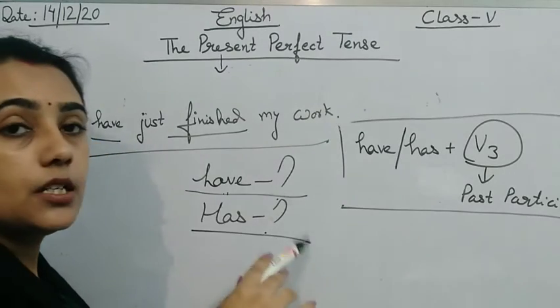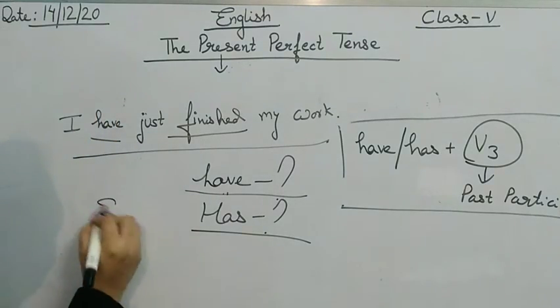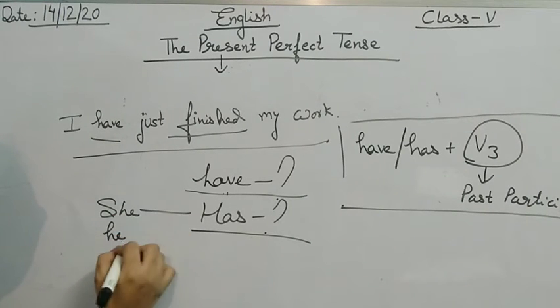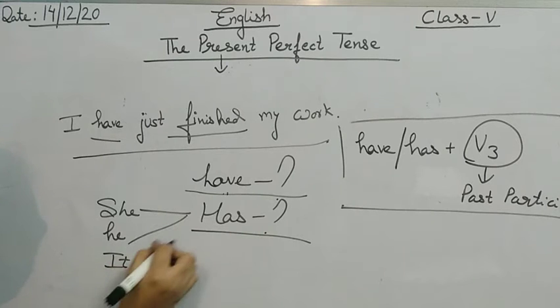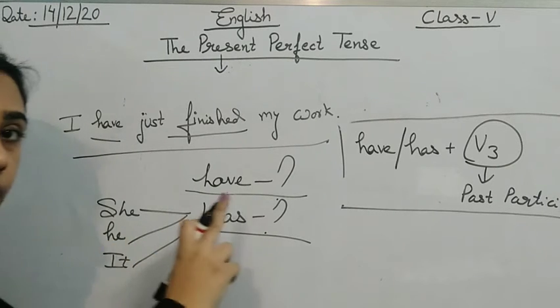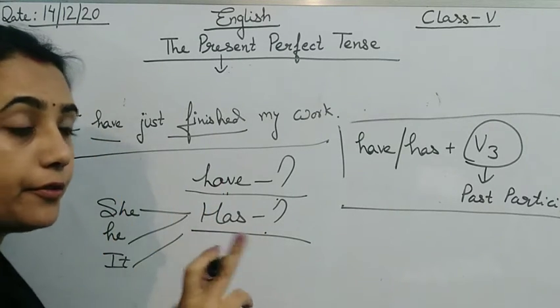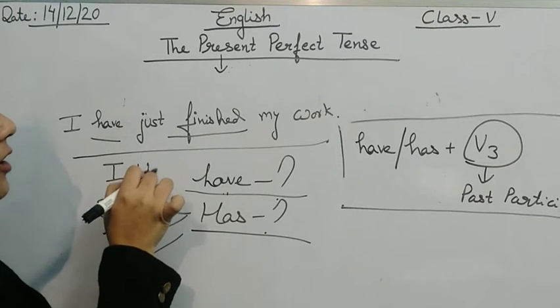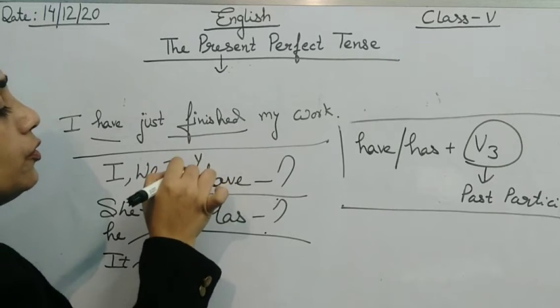And when there is a singular person, we use has. Like she has, he has, it has. Now where to use have? I have, we have, they have, you have.